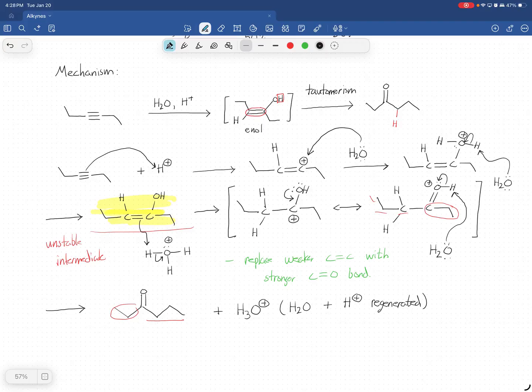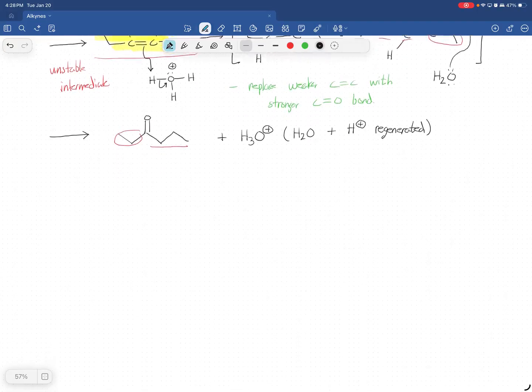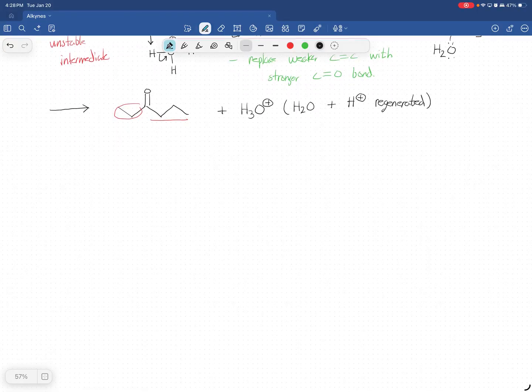We're going to go over now the other reaction with water. This is with internal alkynes, but we can also do it with terminal alkynes. So let's go to a different section. Let's talk about reaction class 6.